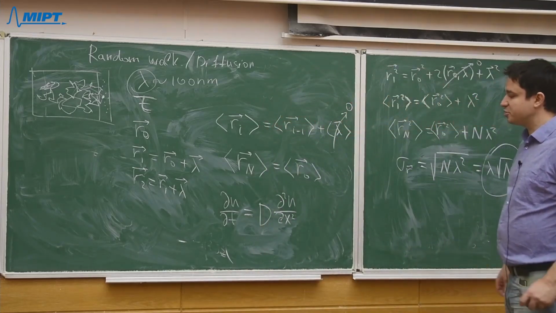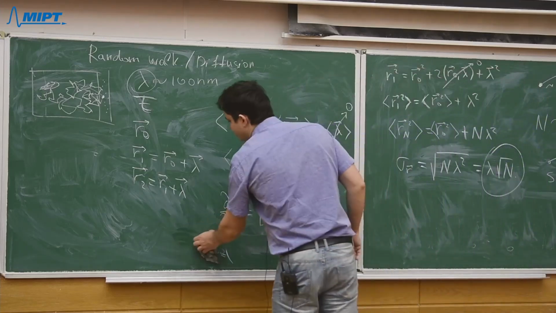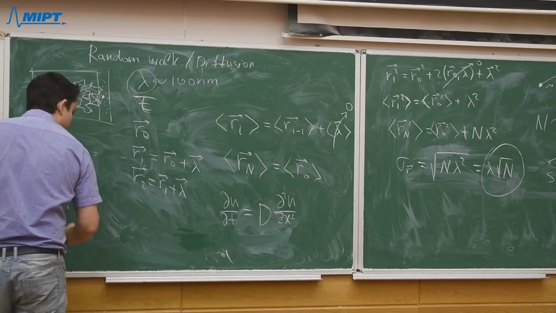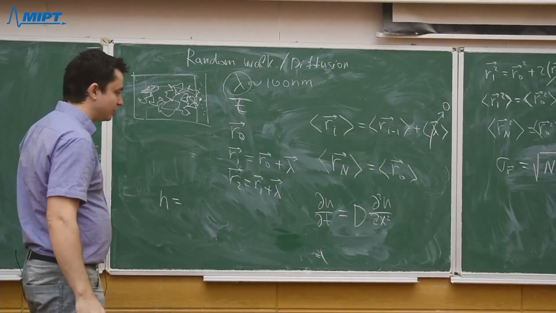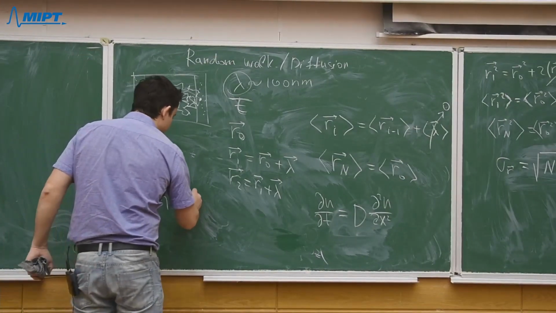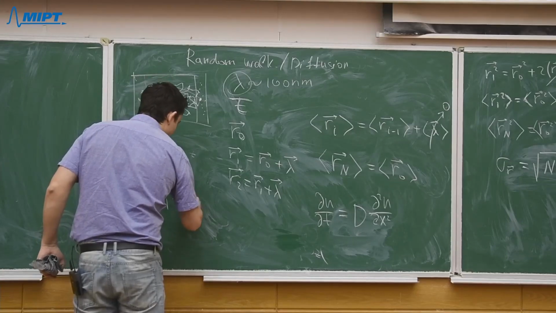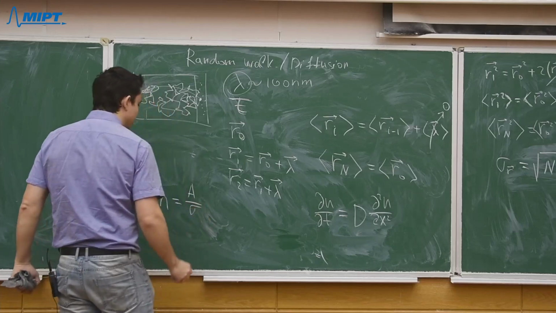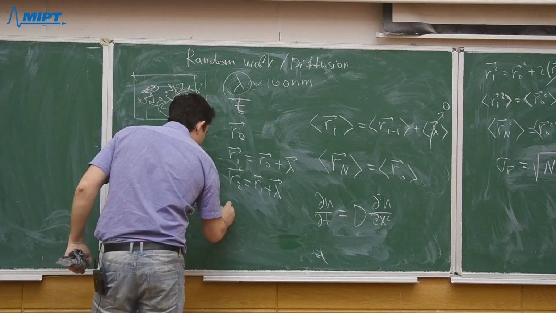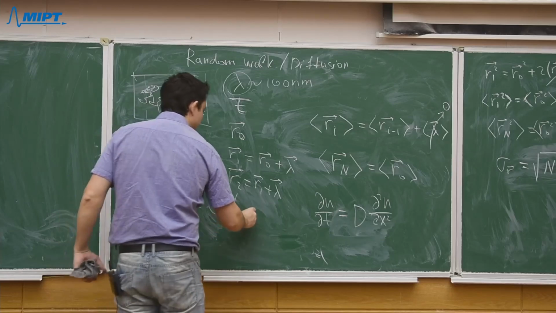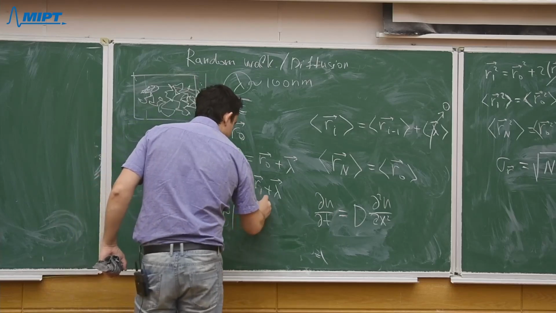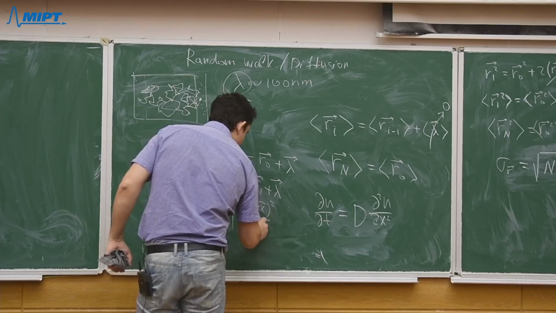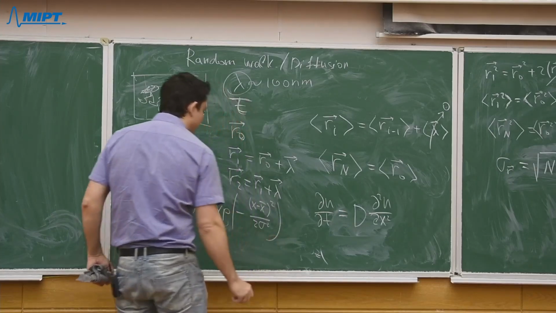If you insert as the initial condition the following distribution, the Gaussian distribution for these molecules, for the number density, something like some constant coefficient over sigma multiplied by exponent of minus x squared over 2 times sigma squared.